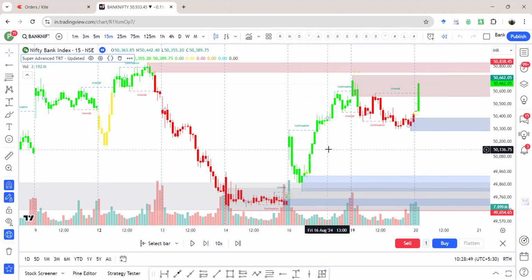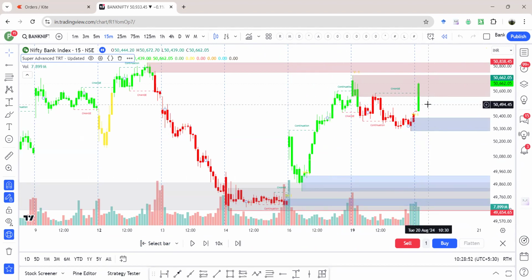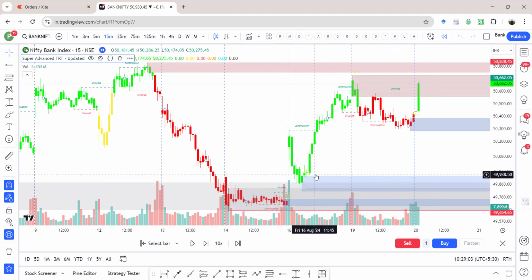So what I can do, I can use my money and take another trade. Suppose, for example, I have 5 lakh rupees in my account and I have a margin worth 20 lakh rupees. Total is 25 lakh rupees. But initially, I will not deploy the whole amount. I will deploy just 2 lakh rupees to take one lot worth trade.